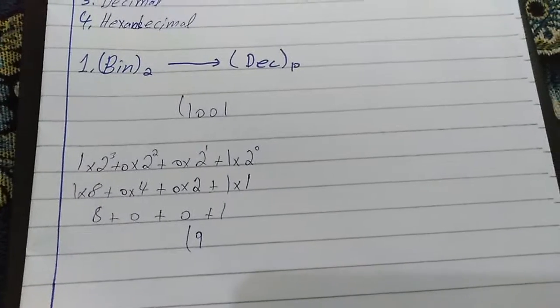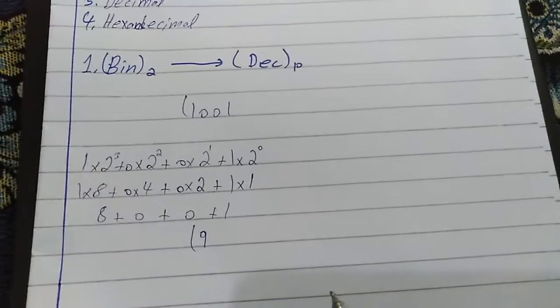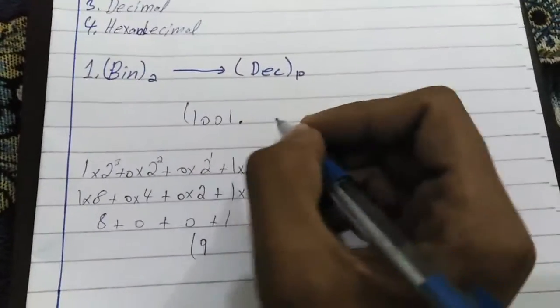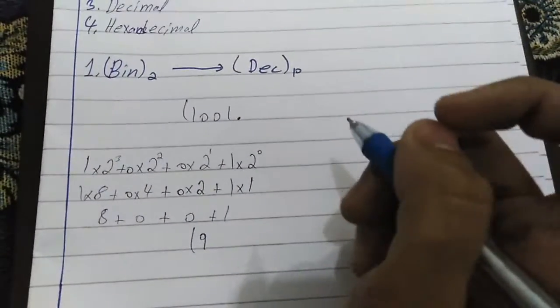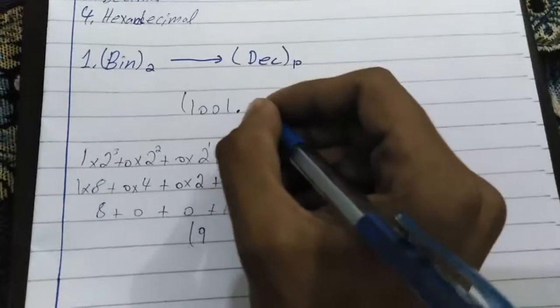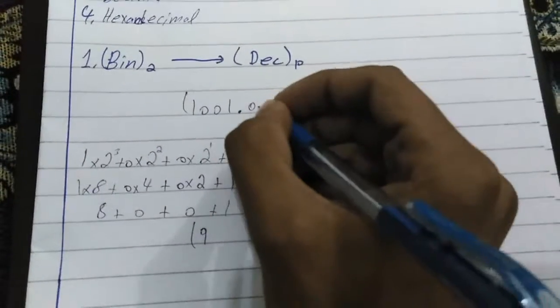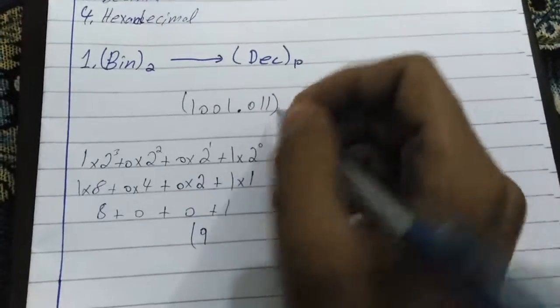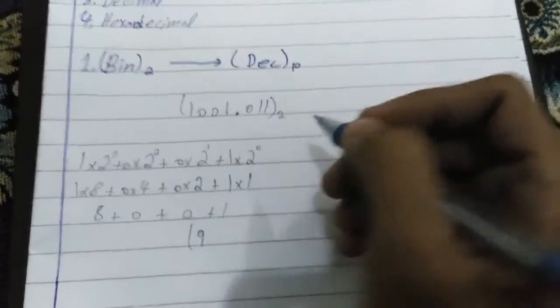And if we have a problem with a decimal point, if a decimal point comes in the binary number system and we don't know how to convert this binary number with a decimal point to the decimal number system, we will take an example, like 0.011. Now this is the full binary form.